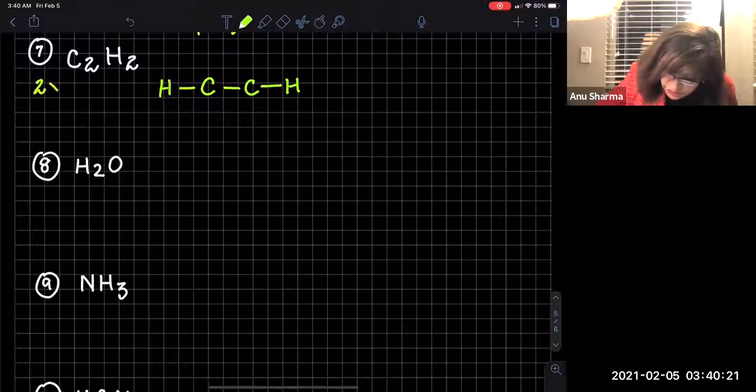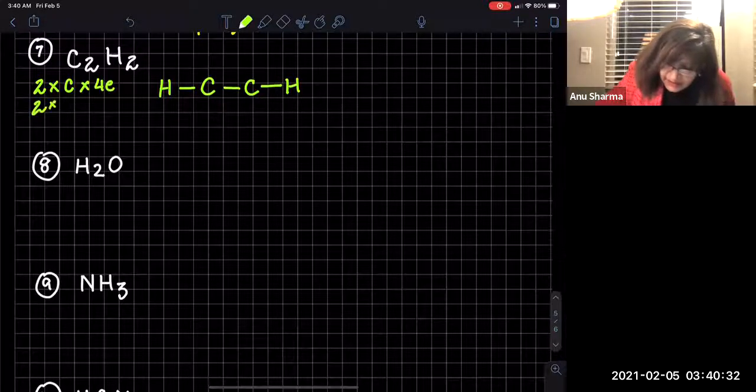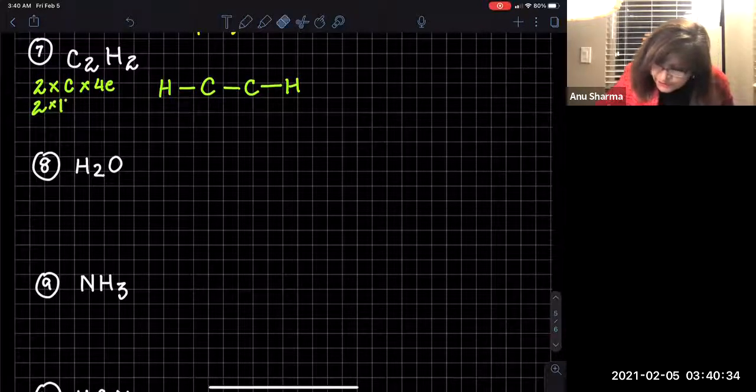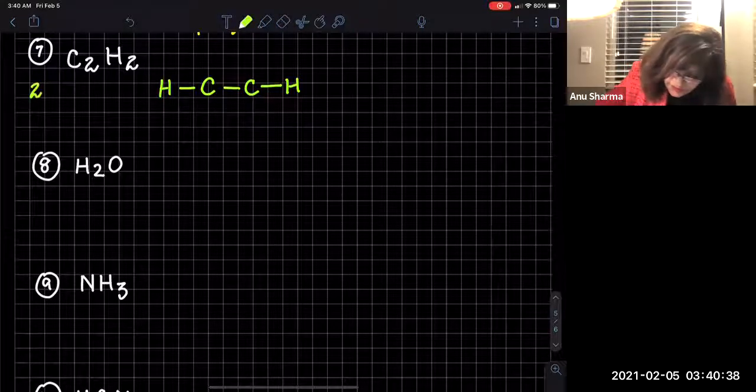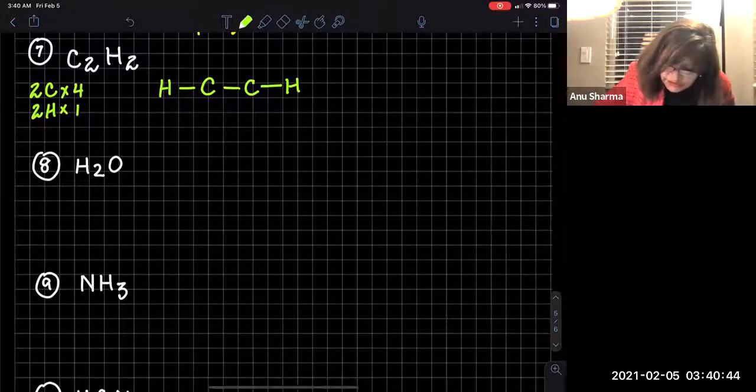So 2 carbons, and each is bringing 4 electrons, and then there are 2 hydrogens, each bringing 1.